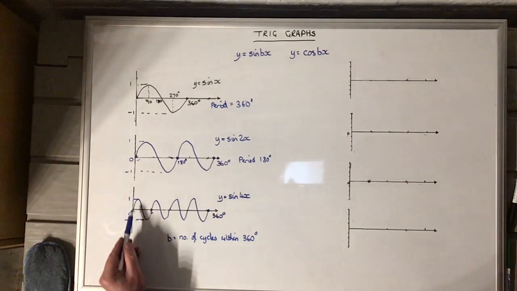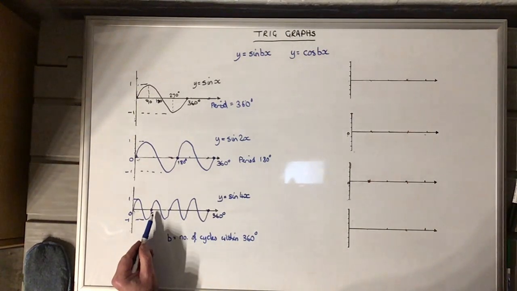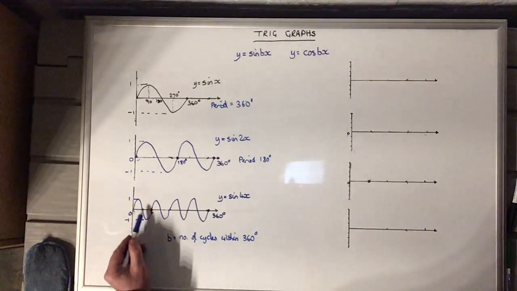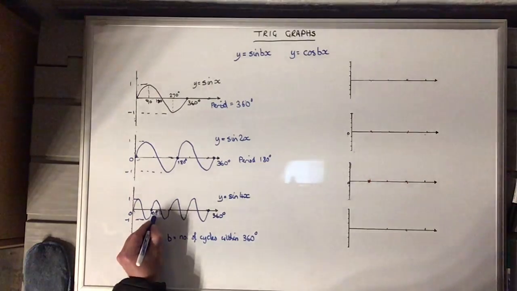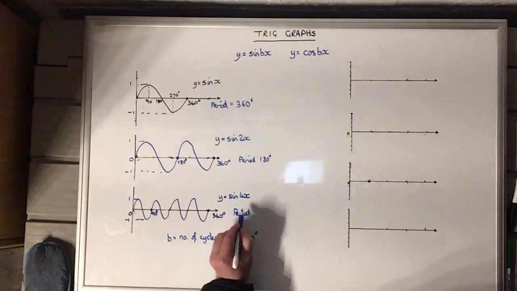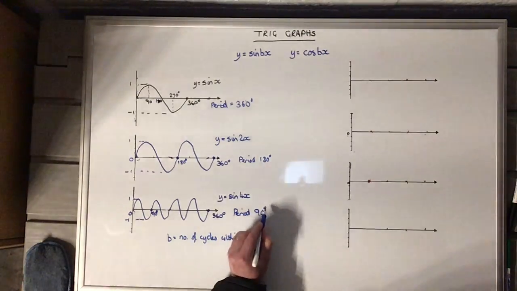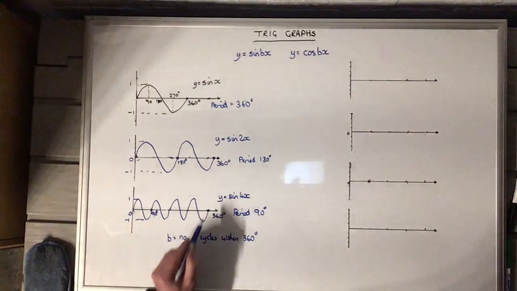And the bottom one there, we've got 4 cycles. The first cycle is to here, and that'll be after 90 degrees. So the period of this wave is 90 degrees, because there's 4 of them within 360.